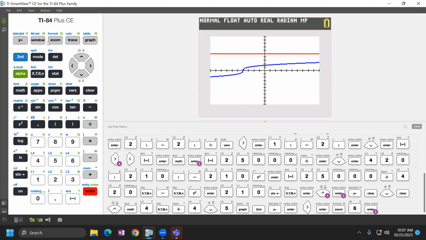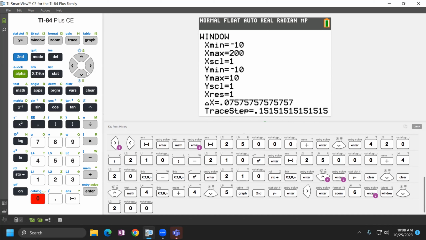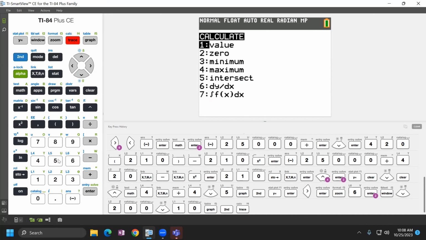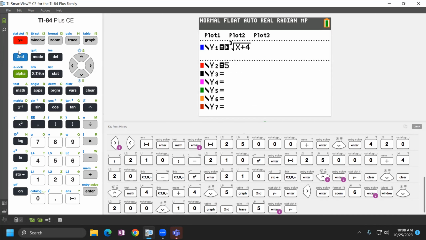So I'm going to do a window change, and make x max 200 and the scale 10. And then I can find the intersection. 121.